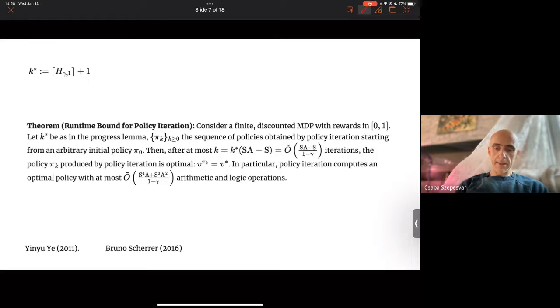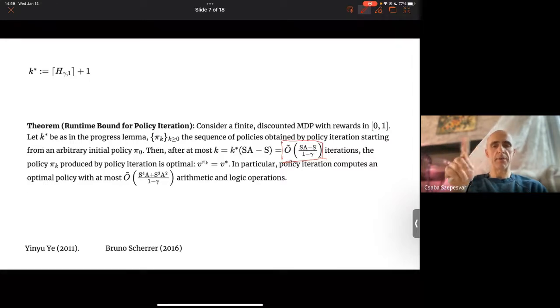Anyways, what's true for policy iteration is that after only this many iterations, it discovers a policy which is optimal. Ties have to be resolved in a systematic manner. That means that if in the greedy operation you need to choose between two actions which are both maximizing, and previously you chose one of the actions, then you have to keep that action.